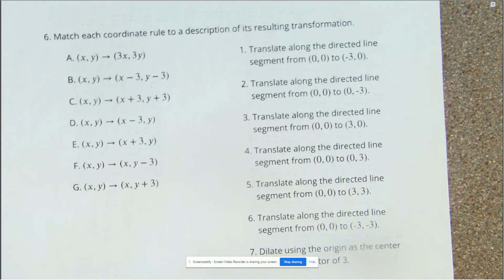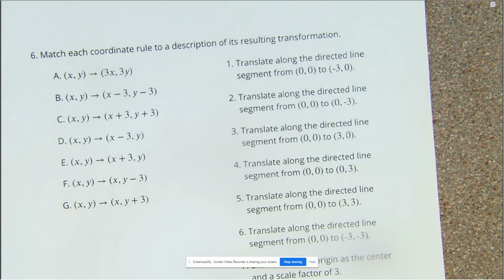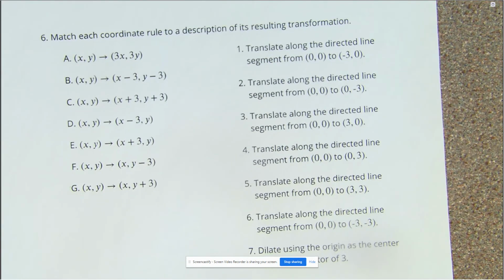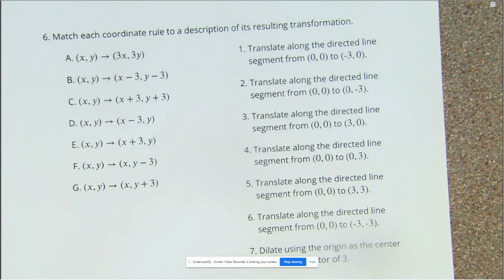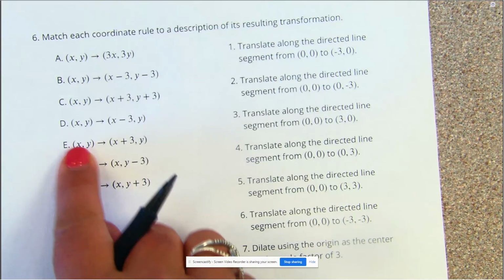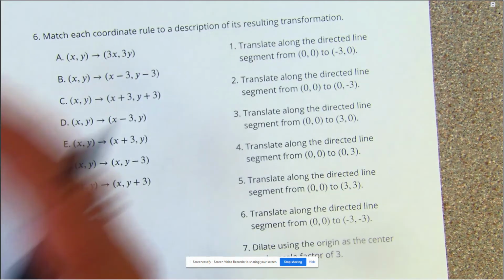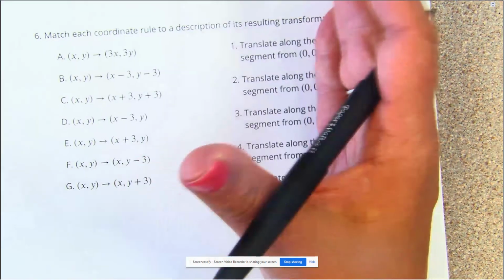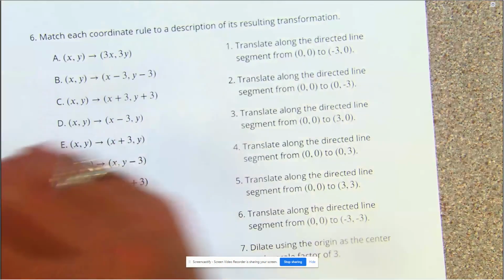Number 6. Match each coordinate rule to a description of its resulting transformation. And this is kind of going back to how we started out talking, to then how we learned how to talk with the input and the output. You could look here and then look for the match. I'm going to look here.